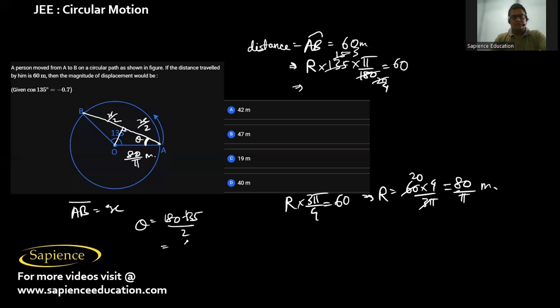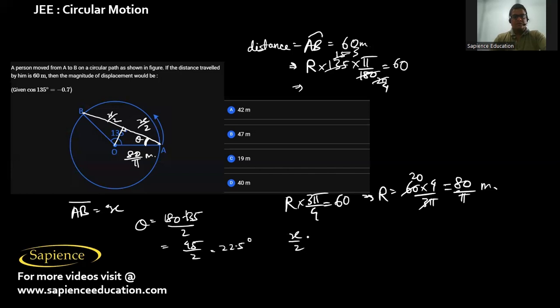It should be equal to 45 divided by 2. So this is 22.5 degrees.